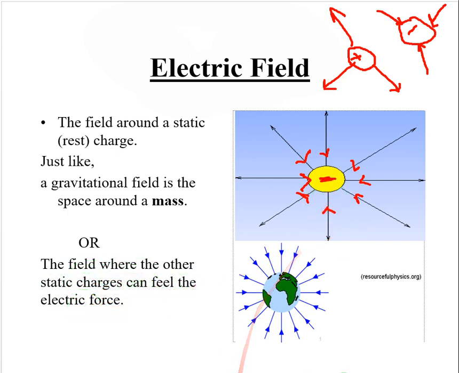So the field where other static charges can feel electric force. How is it? Let's see. This is your positive charge, and it is going to transmit the rays. Let's say there are some other charges in the rest form, which are static, and these charges experience this force which is emitted by the positive charge.